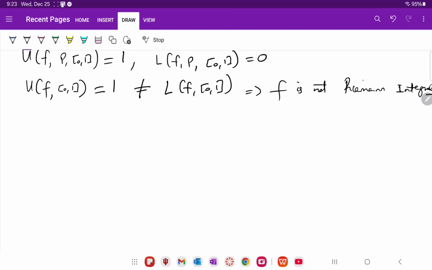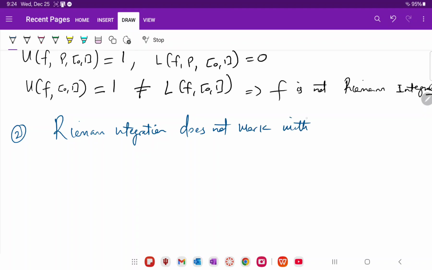So the second issue that Riemann integration cannot handle is that Riemann integration does not work with unbounded functions.